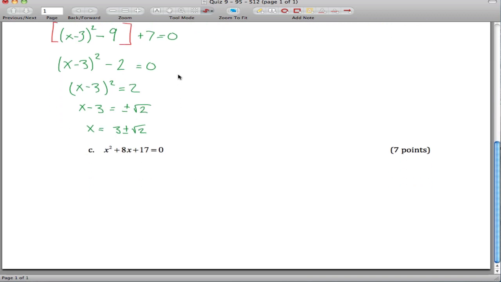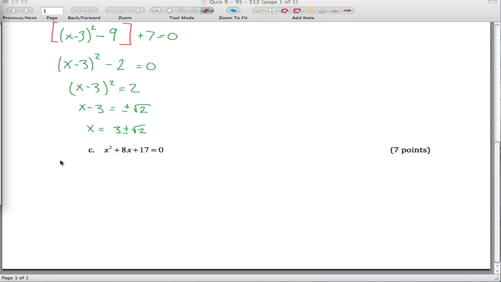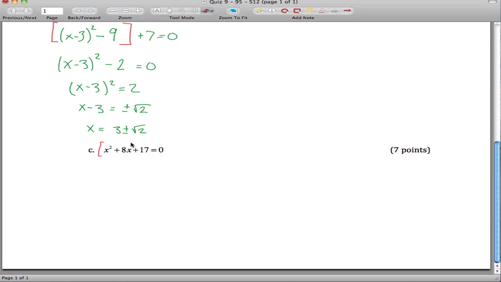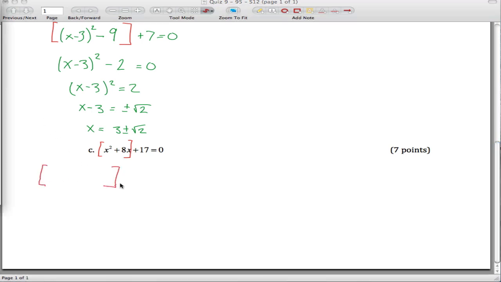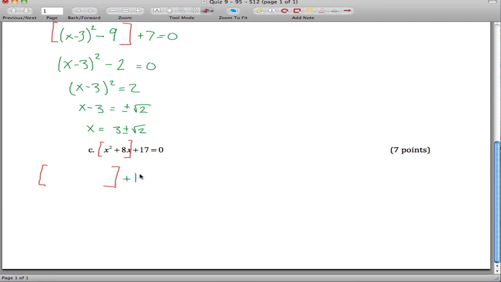All right, the last one, same idea. Put brackets around the x squared and the 8x. And then I write those brackets down here. We got that plus 17 on the outside here equals 0. And then what I write inside these brackets has to be equal to these brackets.